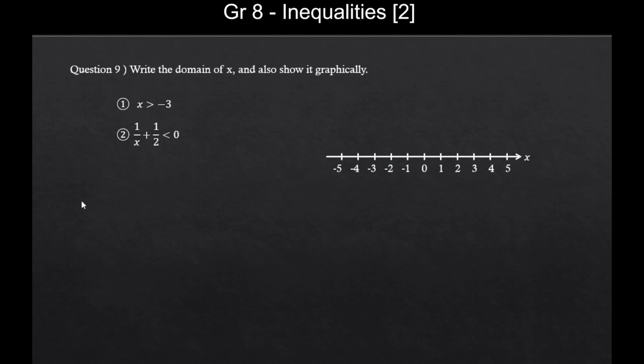Okay, two more questions left. So the first inequality looks okay as usual. The second one, okay, there are a lot to change. Let's first move 1 over 2 to the other side, right? So it's gonna be minus 1 over 2, because plus 1 over 2 on the other side is gonna be minus 1 over 2.